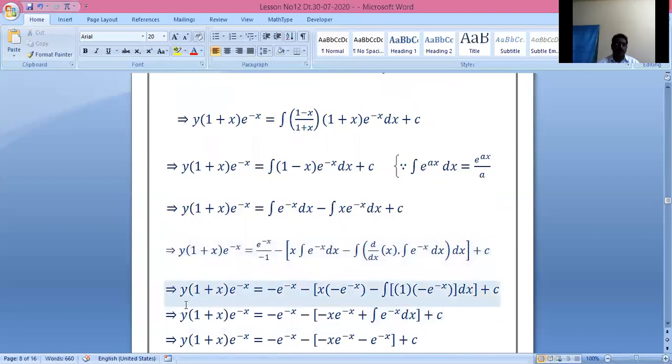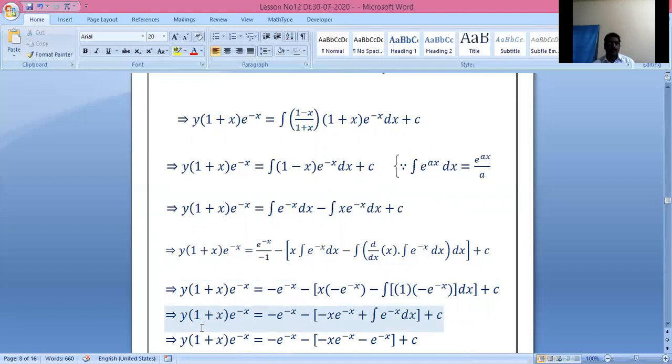That implies y into (1 plus x) into e to the power of minus x is equal to, here e to the power of minus x by minus 1 is minus e to the power of minus x, minus integration of x into integration of e to the power of minus x dx, which is minus e to the power of minus x, minus integration of d by dx of x, which is 1. Here integration of minus x dx is minus e to the power of minus x dx plus c.